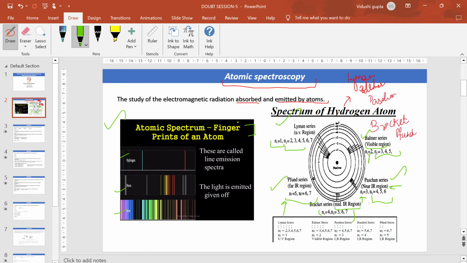So the atomic spectrum will be different for different atoms, therefore they can be easily identified by looking at the atomic spectrum. That's why it is called the fingerprint of an atom. It is also called the line emission spectrum because you observe simple lines of the light that is emitted.